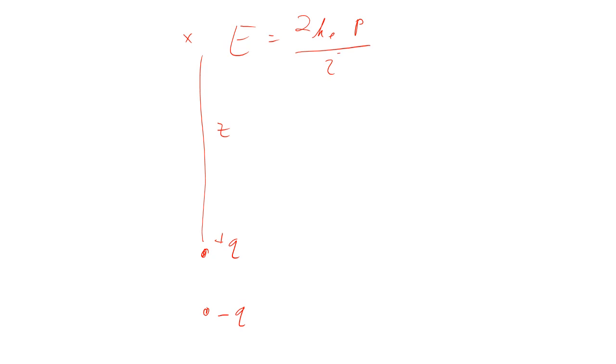We could say that for a dipole here in which we have minus Q and plus Q, if we are off in this direction and that's some distance Z, then as the book derives it, E equals 2 K sub E P over Z cubed.